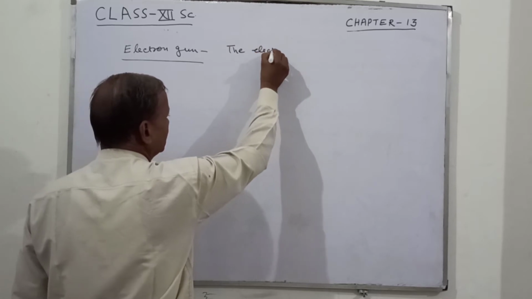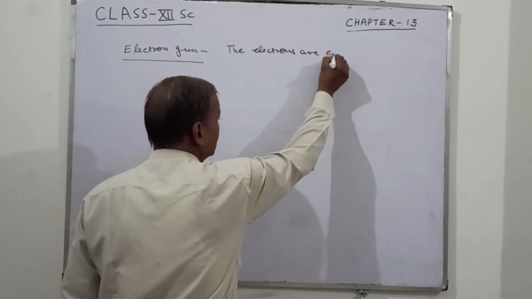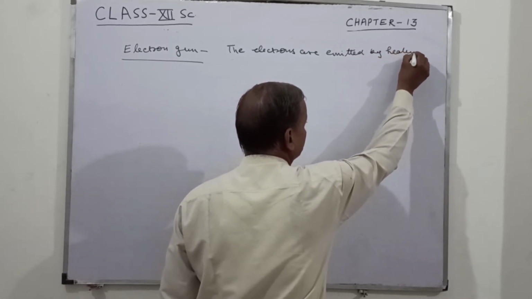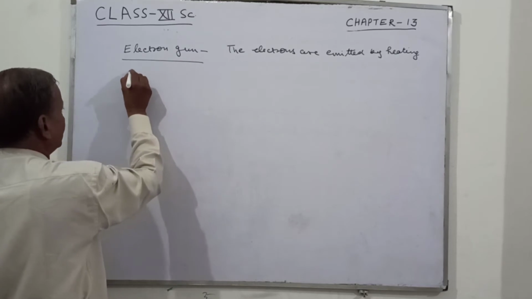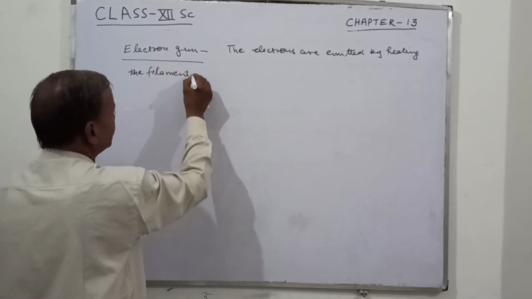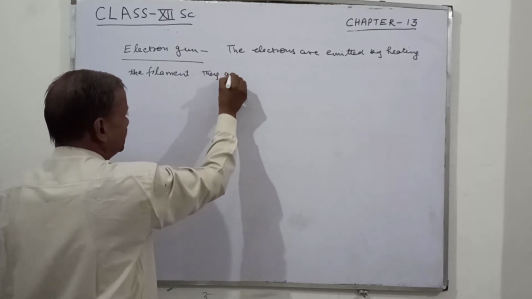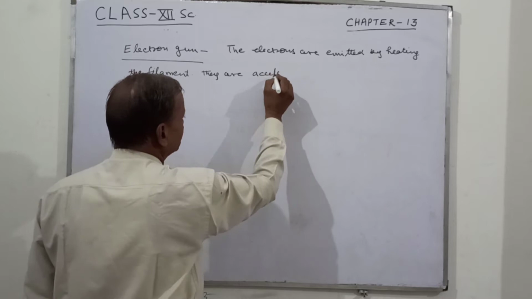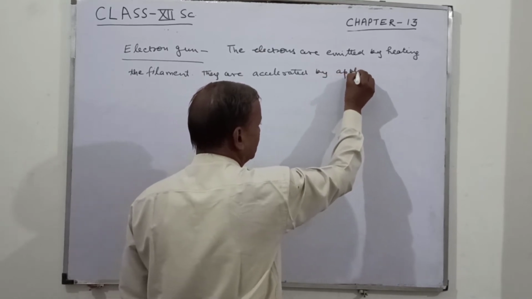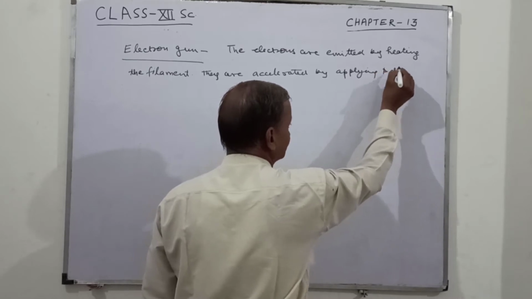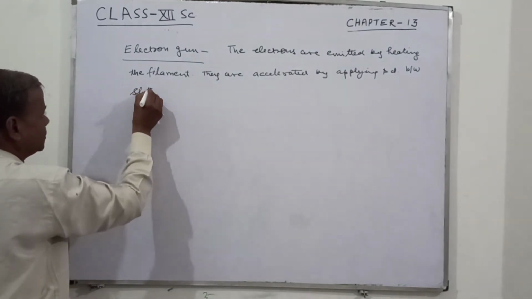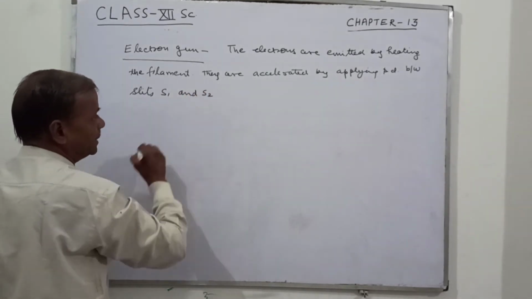The electrons are emitted by heating the filament, and they are accelerated by applying a potential difference between slits S1 and S2.